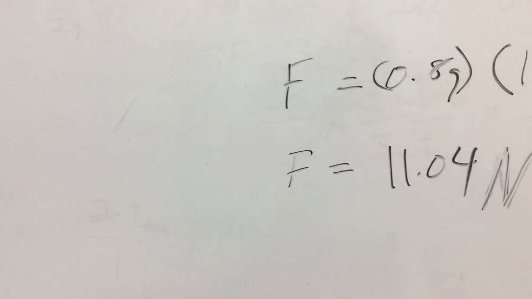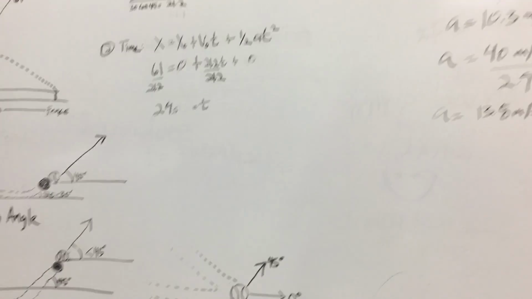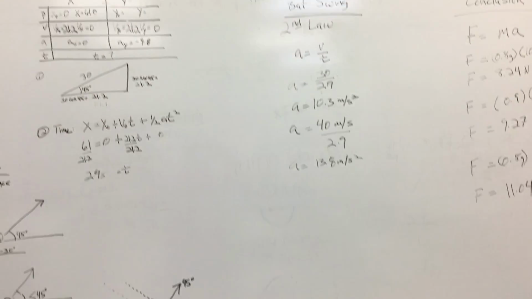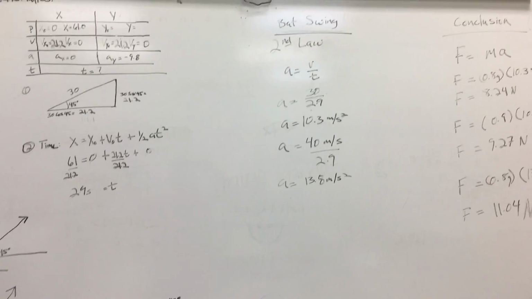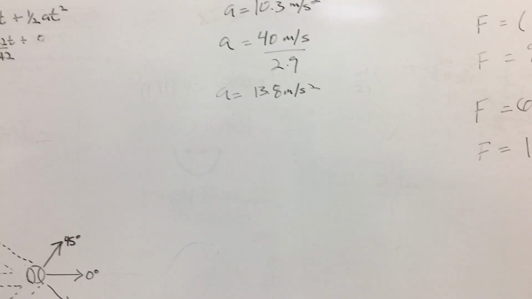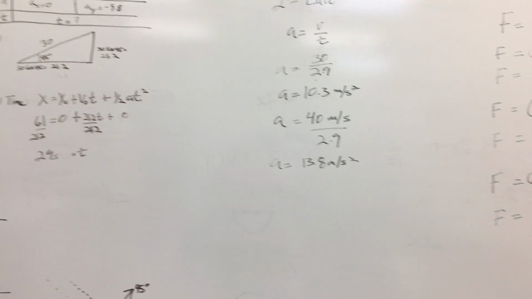So basically, if you want to hit a home run, you're going to have to either get a heavier bat, but still maintain an acceleration of the bat through the zone of at least 10.3 meters per second squared, or if you swing it a lot faster, you can use a lighter bat. Okay.